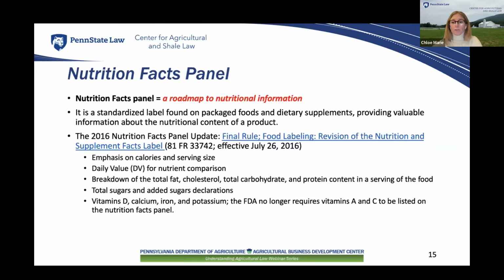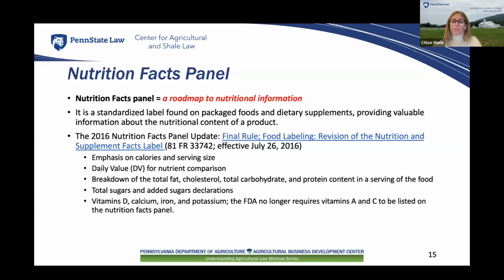So the FDA introduced in May 2016 an updated nutrition facts label and included changes to the format and content of that label. So the current label now shines the spotlight on calorie content and serving size by giving it more visibility on the label.